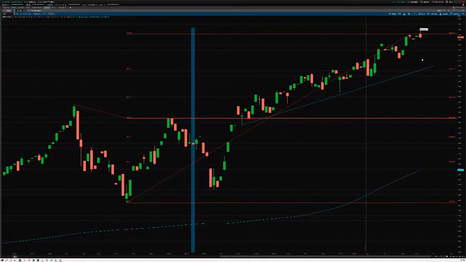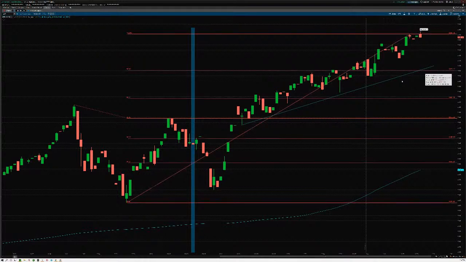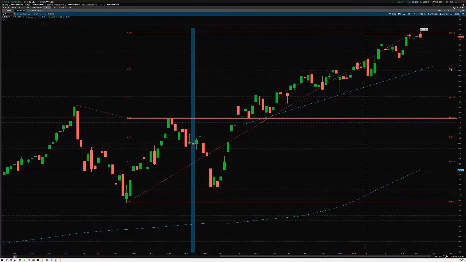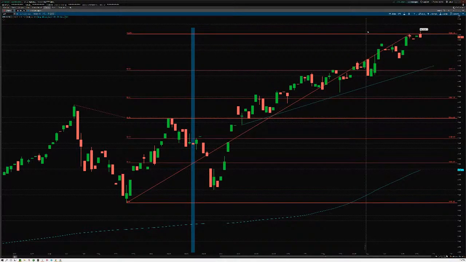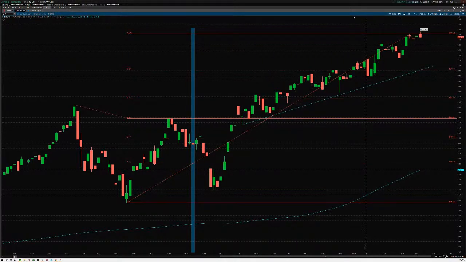The way that I look at this is, I give this trend line a pretty wide berth. This market's not really broken until we break this trend line, and that's all the way down to 37.21. Let's look at how far that is.